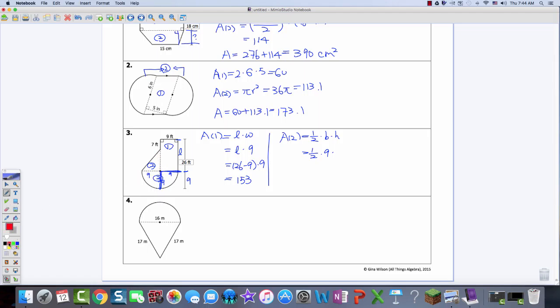Let me change the color. But the red part is 7. Now I know this part is 17, so I can simply use 17 minus 7, which is 10. 10 times 9 times half, I have 45.